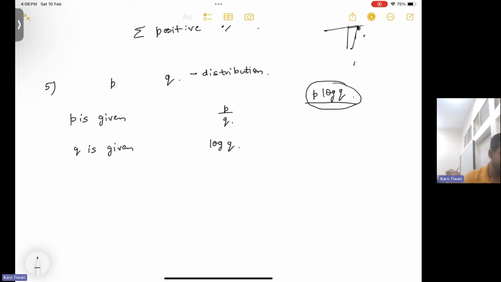Now the thing is, to minimize each of these terms, basically each log Q should be equal to P by Q. What will be the value of P and Q so that this equality is satisfied? If I take P equal to Q, then this whole equality is satisfied.